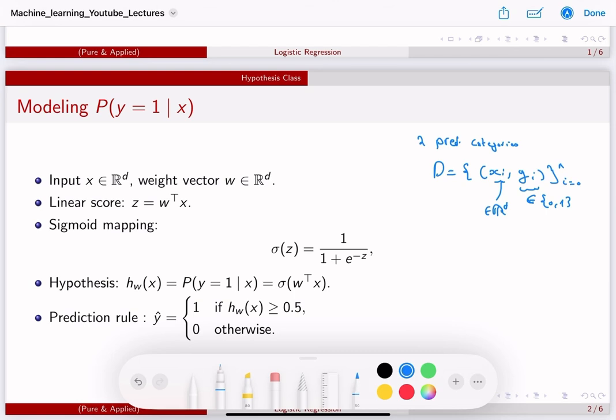What's the purpose here? The purpose is we want to start with an input and output a label, right?